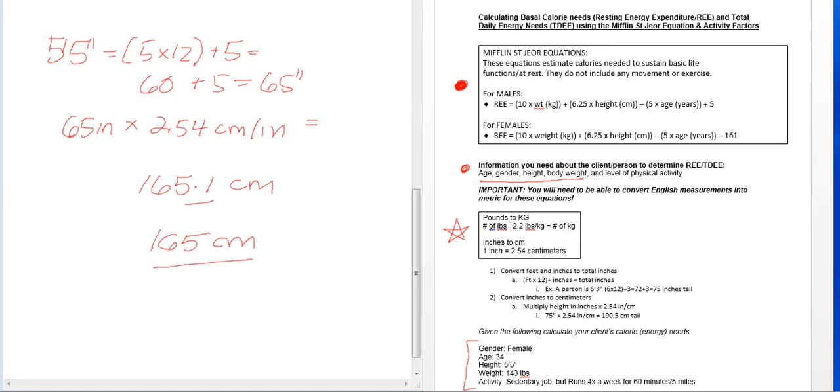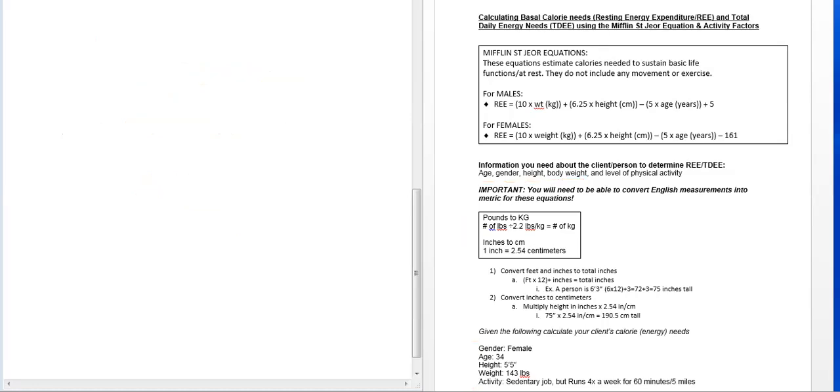Next, let's do her weight. So her weight in pounds is 143 pounds. From the handout and our memory, we know that we divide by 2.2 pounds for each kilogram. And doing the math, we are going to get 65.0 kilograms.